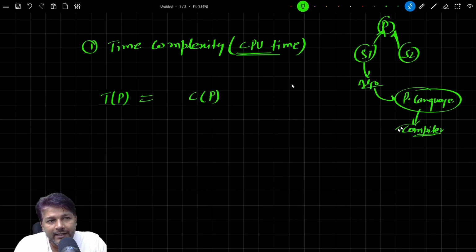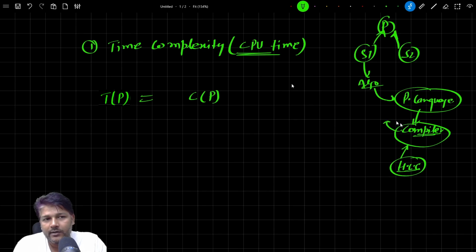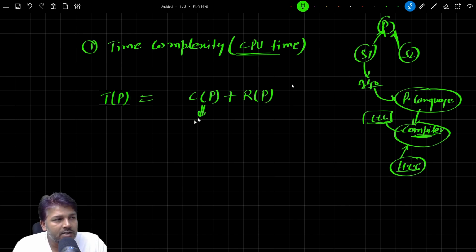So it will take some time to compile the code, because we have high level code and we give it to the compiler, which will convert this high level code into low level code. So this compiler will take some time at the time of compilation, that means compile time, and then run time of that program. So this is compiler and this is CPU, right? And this compiler is nothing but a software, and this CPU is again a type of hardware.